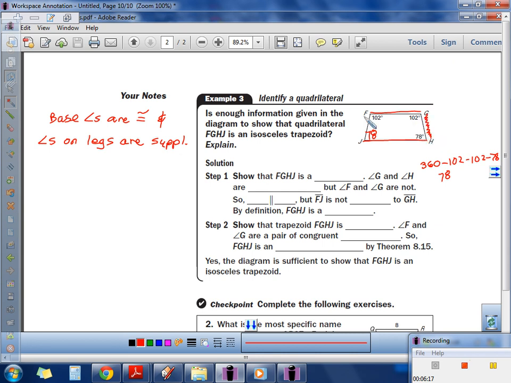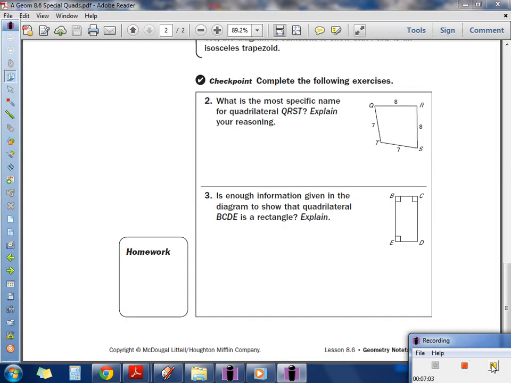Do these add to 180? Yes. And do these angles add to 180? Yes. So what are the reasons for an isosceles trapezoid? They're right here. Yes, it is an isosceles trapezoid because of these two reasons. That's your explanation, and here's your proof on that missing angle as well. Try out these next two checkpoints and see if you can finish those on your own.